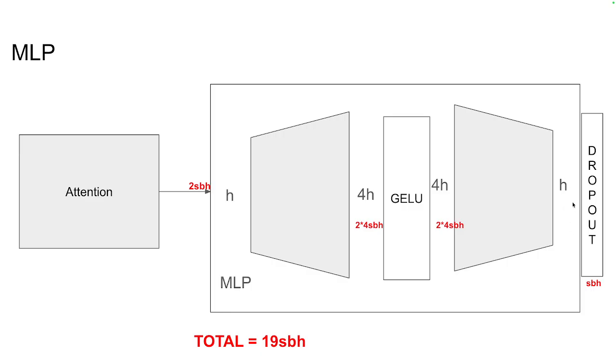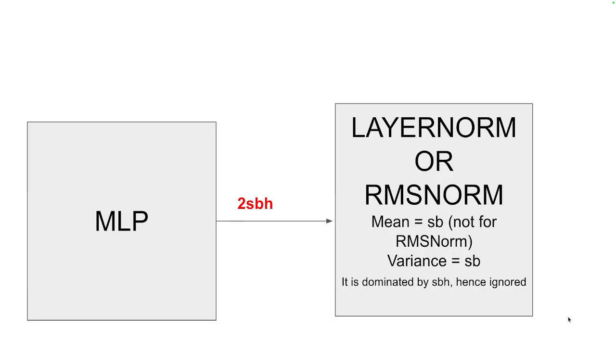And after getting the results back, you will immediately apply dropout. And as I said, dropout is just a mask of ones and zeros with one byte of precision, hence you'll just need to store SBH for dropout. So the total activations comes around 8, 8, 16, 18 and 1, it's like 19.